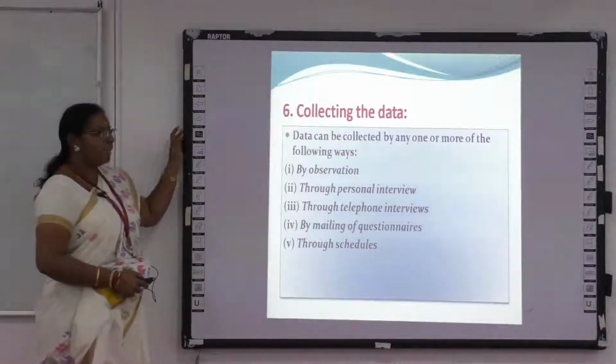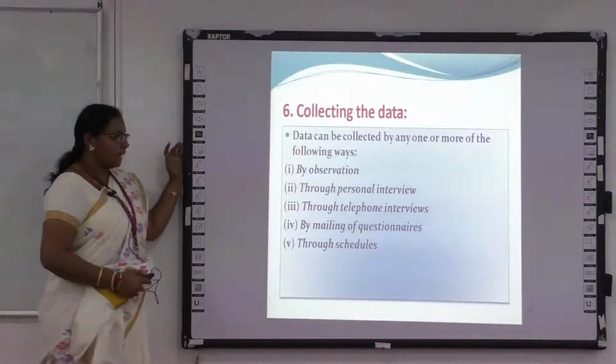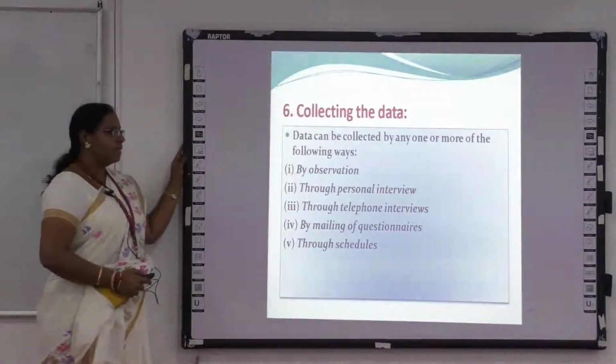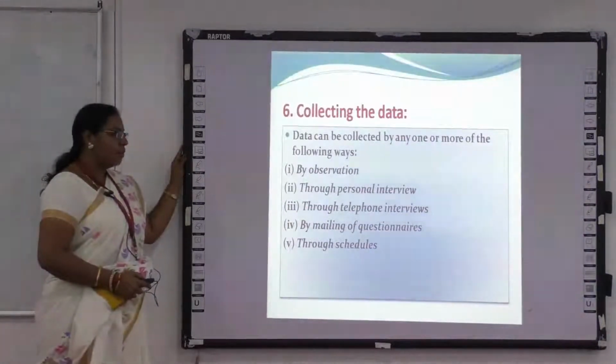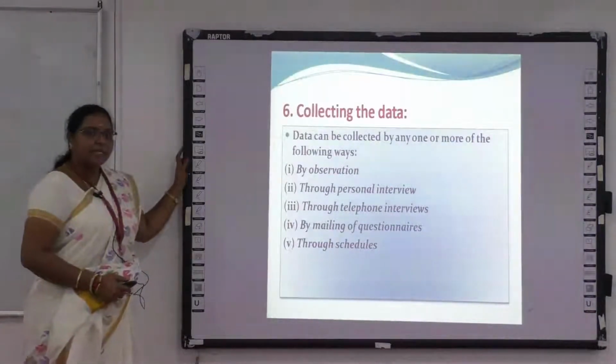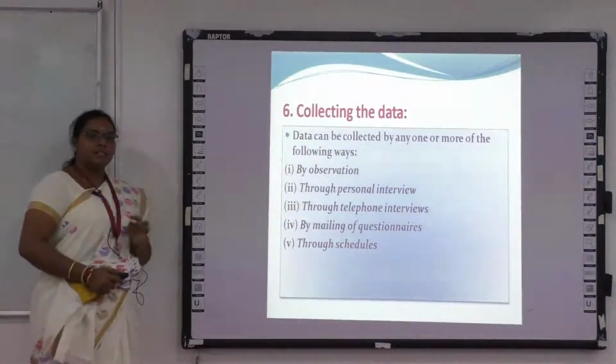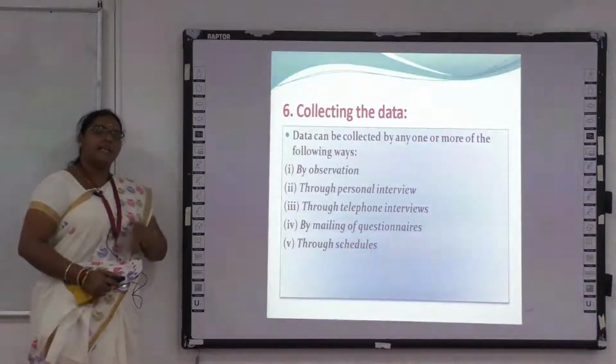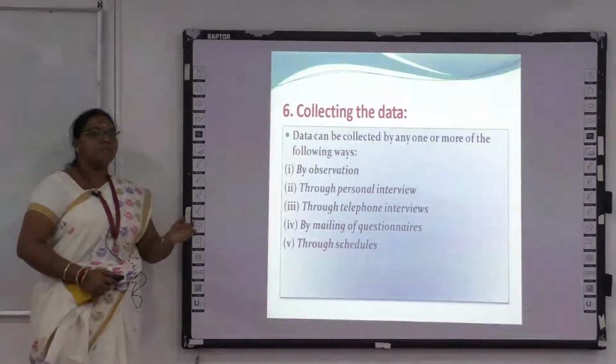In primary data, we have observation, personal interview, telephonic interview, questionnaire, and schedules. So what is the observation method? In the observation method, the researcher is directly involved in collecting information from the respondent.